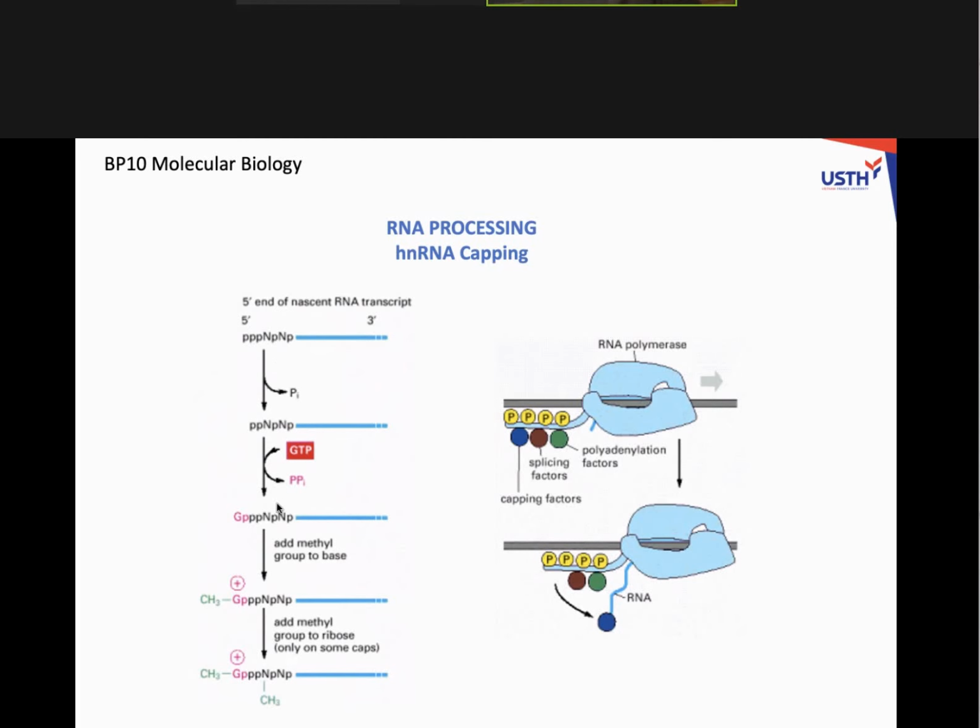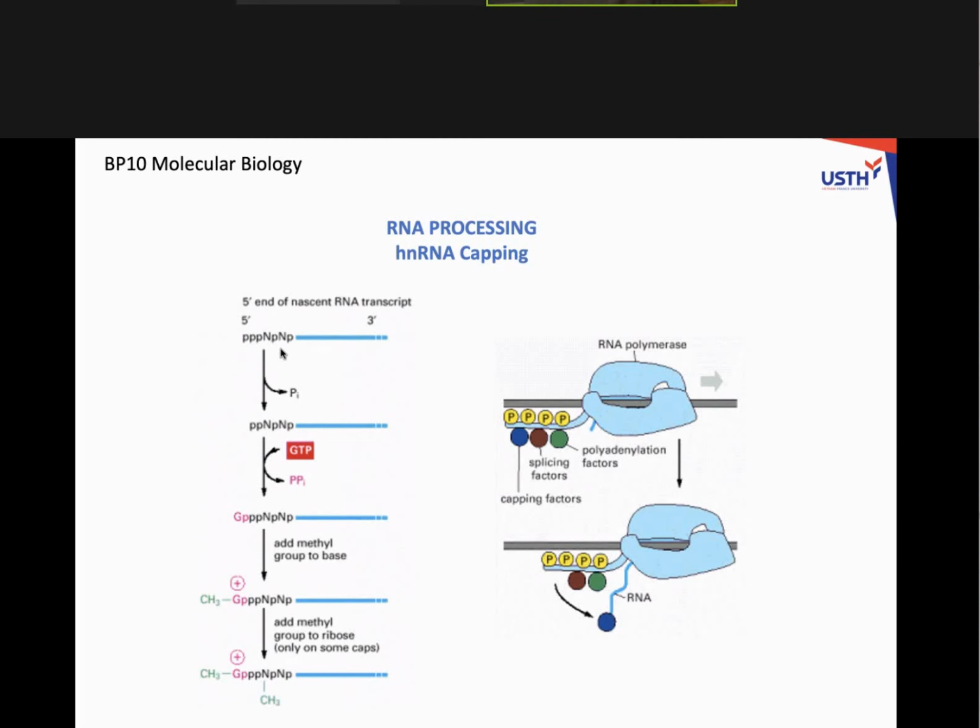This is the chemical modification of the 5' end of the RNA that is just transcribed from Pol II. The 5' end is always the phosphorylated part of a nucleic acid. There is a succession of three or four steps.